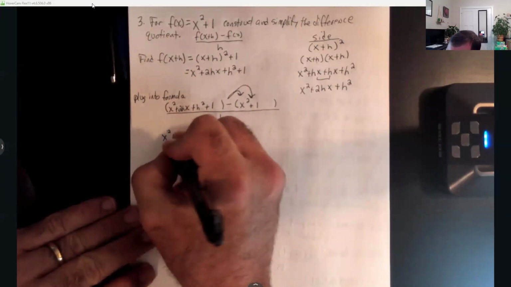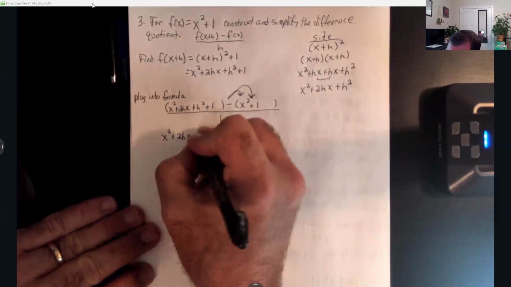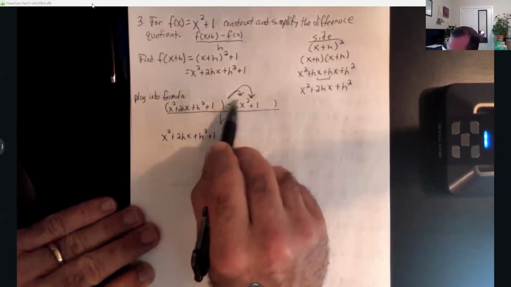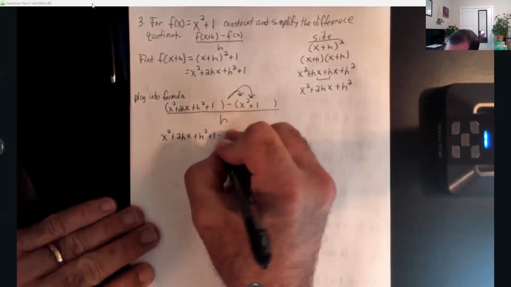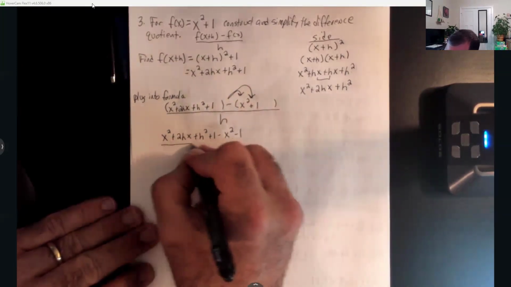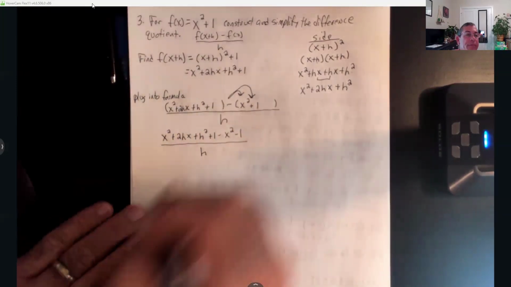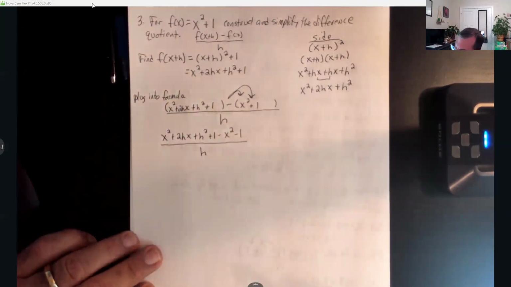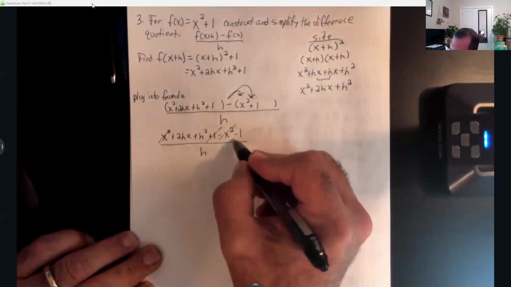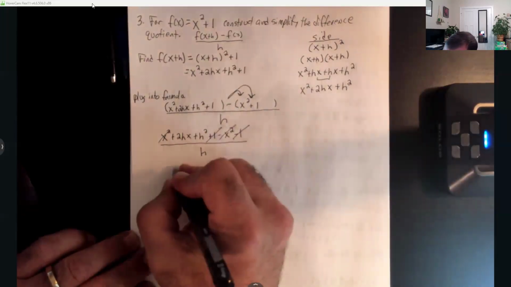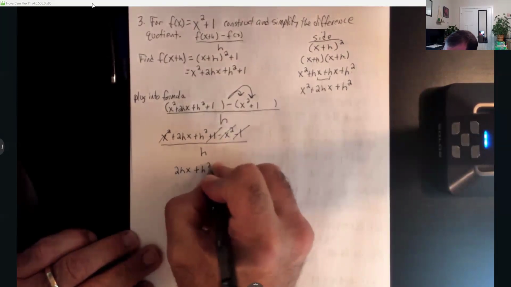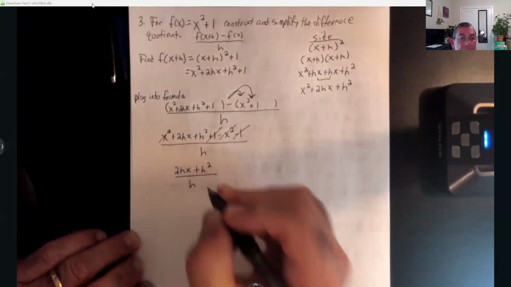X squared plus 2hx plus h squared plus 1 minus x squared minus 1 all over my h. Hey, also look what happens. The x squared and the negative x squared, the 1 and the negative 1 canceled. So I end up with a 2hx plus h squared all over h.